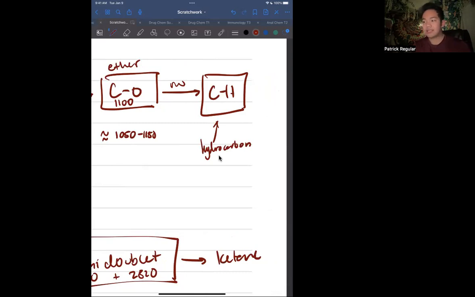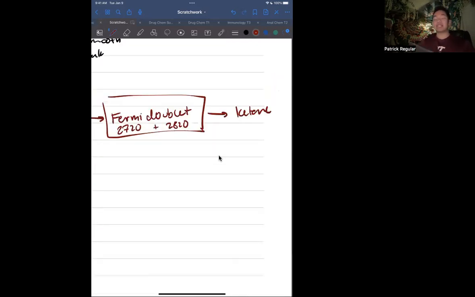Yeah, stuff like that. Now, the next one is actually pretty significant. It's the Fermi doublet. Now, the Fermi doublet is pretty weird because compared to the others, these peaks are relatively consistent. So the numbers you're looking for are 2720 and 2820, right? Now, for these peaks, they're pretty much going to be on the mark. Their range is probably going to be a lot smaller.